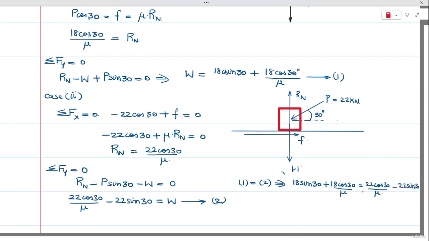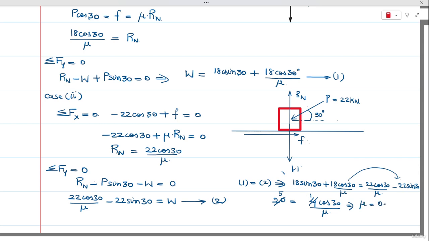Now we need to club the terms on one side. On the left side we get 22 sine 30 plus 18 sine 30, which is 40 sine 30, and 40 sine 30 is 20 because sine 30 is 1 by 2. The 18 cos 30 will shift to the other side, and this becomes 22 minus 18 cos 30, which is 4 cos 30, equal to 20 times mu. So mu here will be equal to 1 by 5 times cos 30.